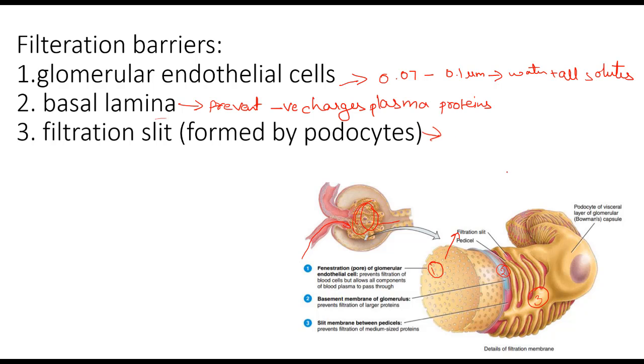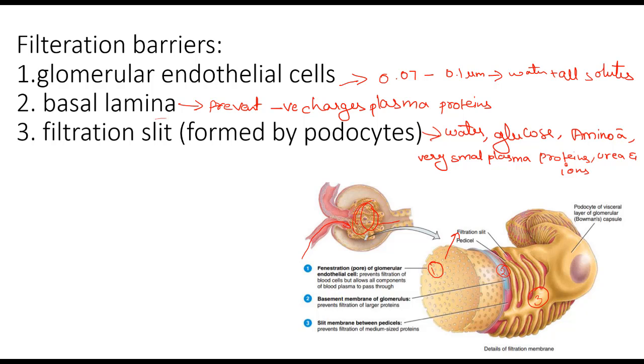And these are the podocytes. These podocytes become like finger-like structures, and they encircle this one. So these podocytes will filter water, glucose, amino acids, very small plasma proteins, urea and ions.